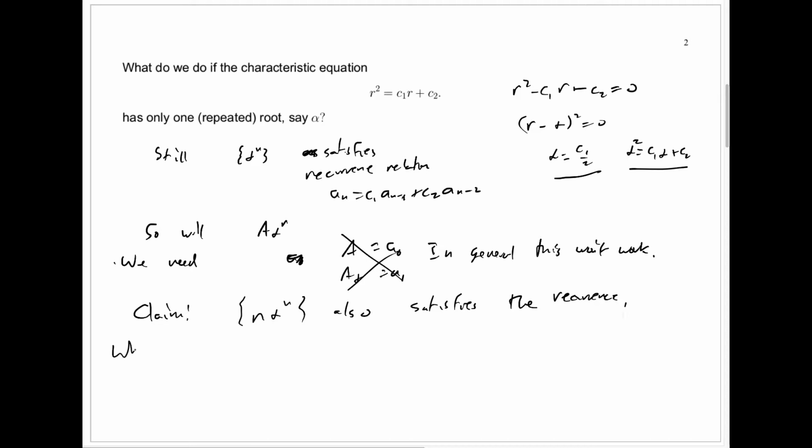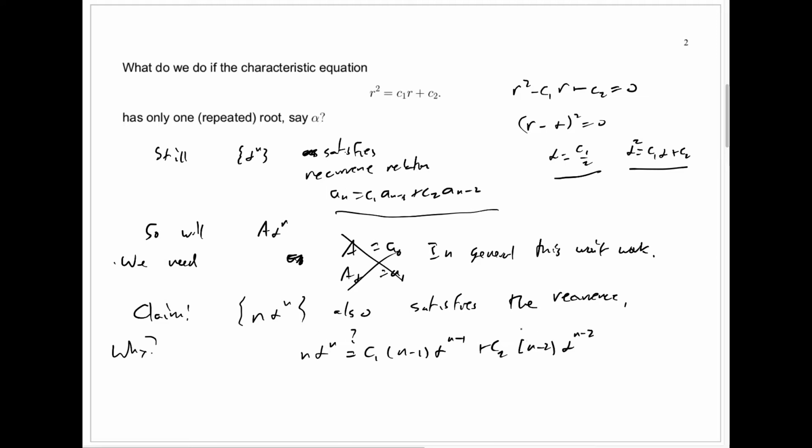Why is that true? Well, let's just check by plugging it in. Here's our recurrence relation. A sub n is n alpha to the n. We're asking if that satisfies things. Is that equal to c1 times, now we have the n minus first term, so that would be n minus 1 alpha to the n minus 1 plus c sub 2 times n minus 2 times alpha to the n minus 2.